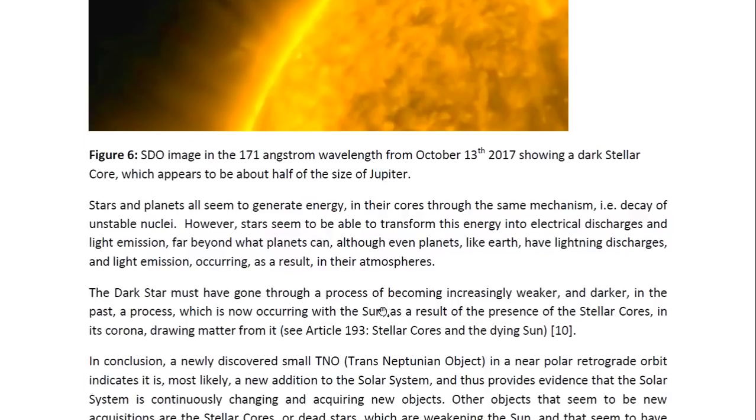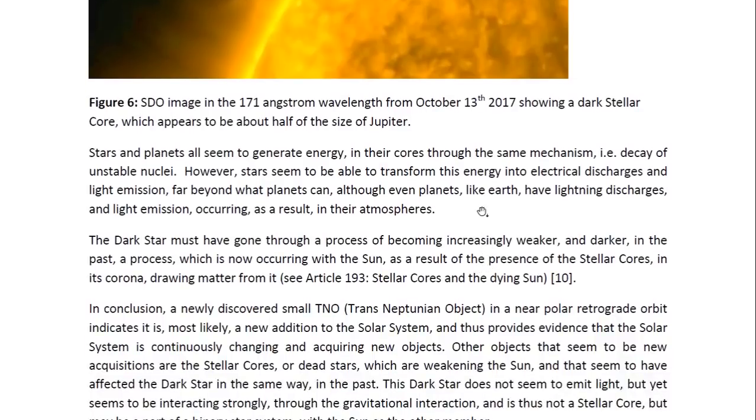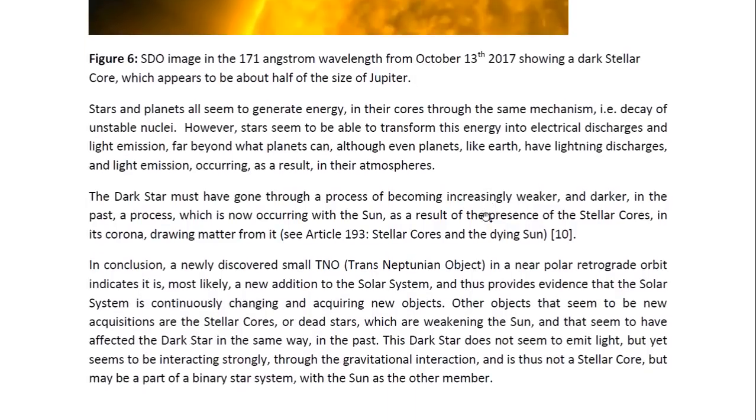So basically what it means is that stars and planets are basically the same type of object. The difference is stars are a lot larger, generate a lot more energy, therefore generate a much larger electric potential difference between their surfaces or their cores and their outer layers, which leads to much more electrical discharges or lightning. And that's what creates stars' ability to give off light.